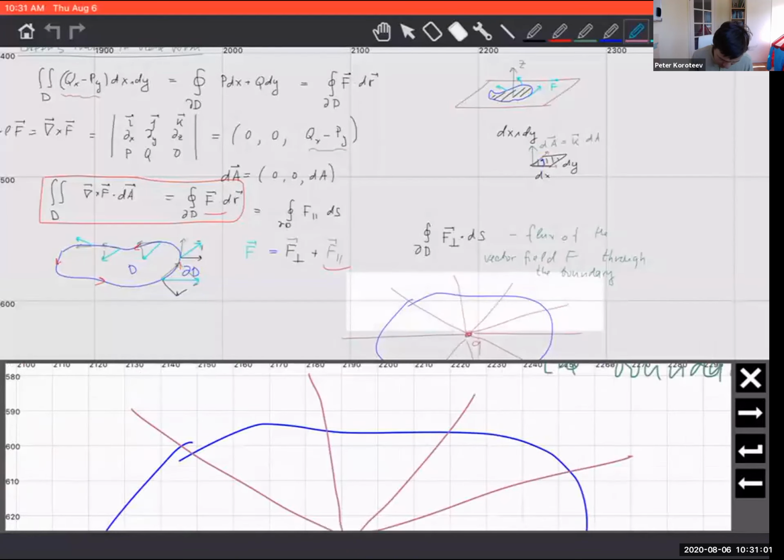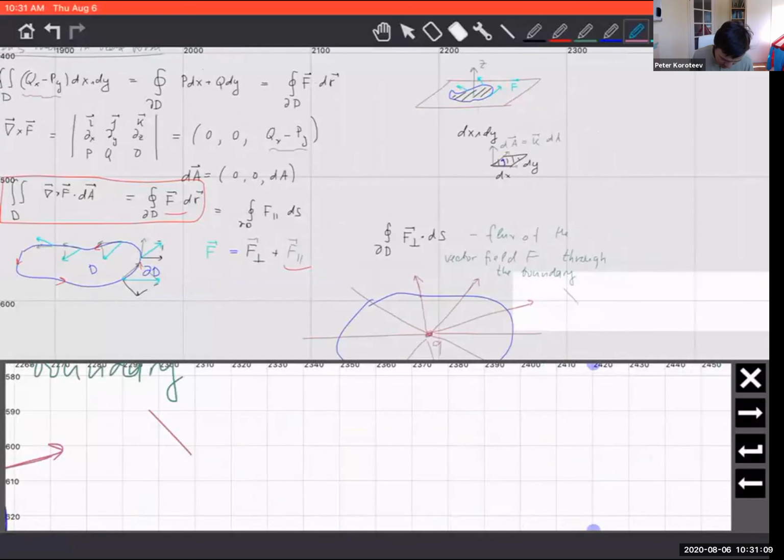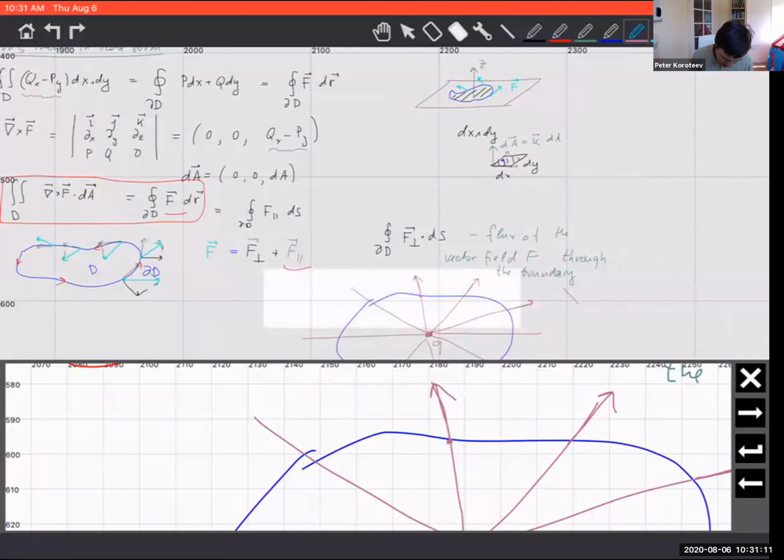They go radially, at every point, away from the source, from the center where the charge is. That's field F.